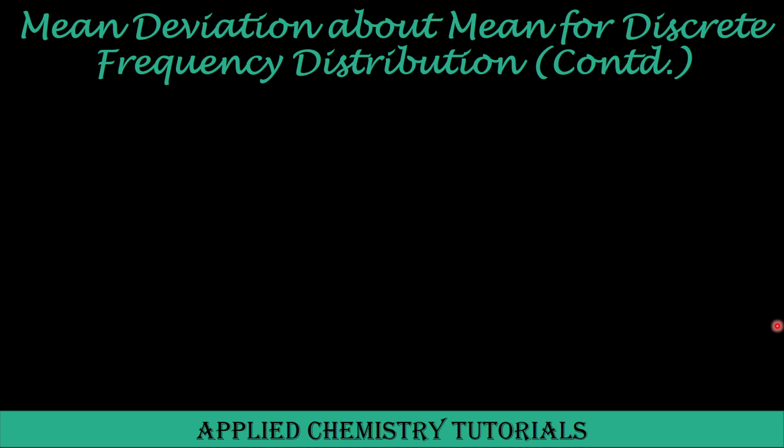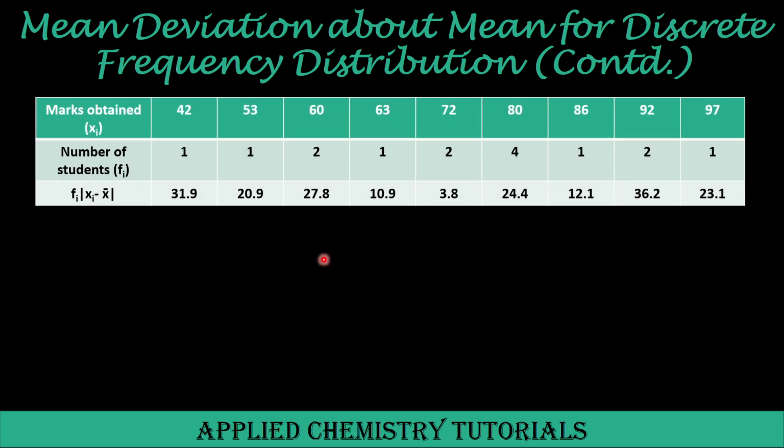So in continuation with our previous slides, we have our xi term in row 1, fi term in row 2, and the fi mod xi minus x bar term that we just calculated in the last slide here in the third row. So the mean deviation about mean can be calculated by using the following formula.